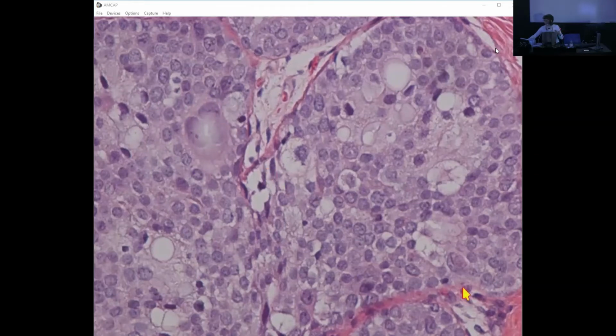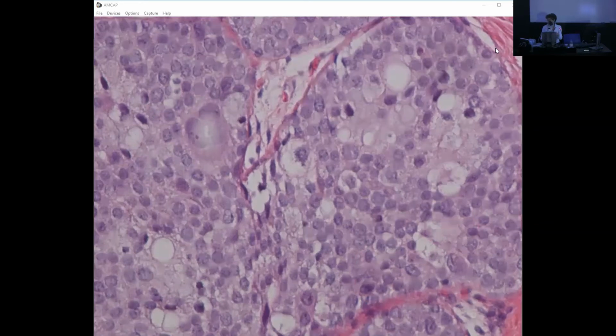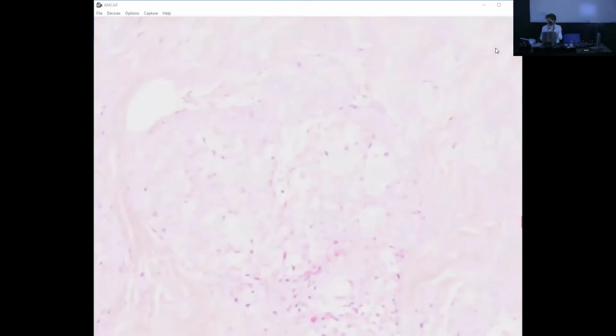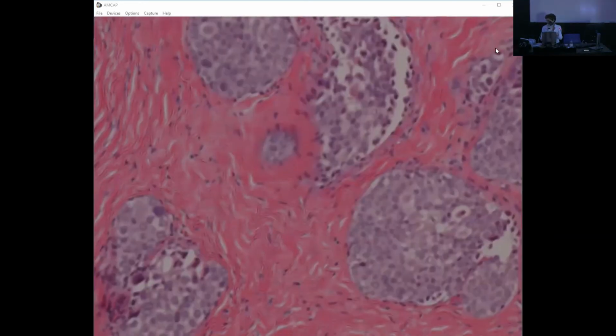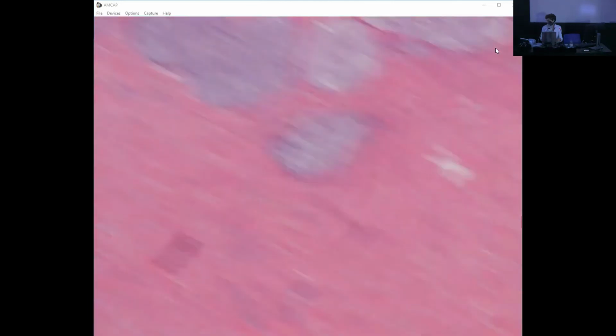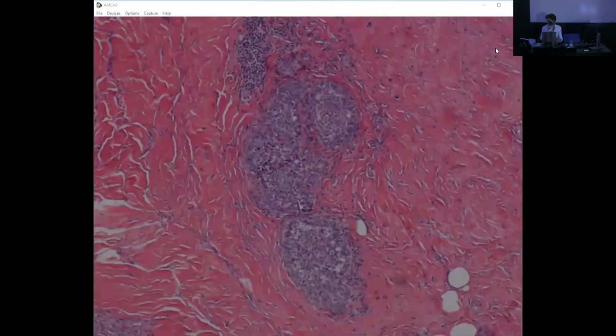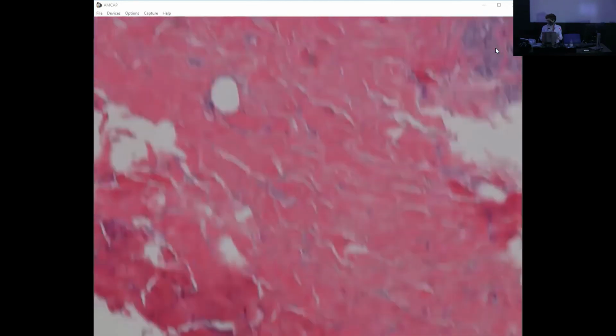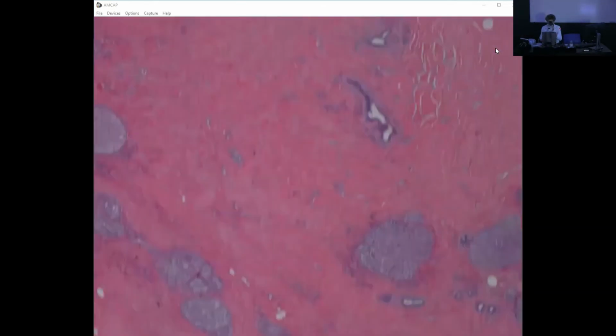I need more to call it pleomorphic. Again, it's a judgment call. I think in this case, there may be other areas that are more pleomorphic. So maybe this case, I'm going to move it out and see if I can find them.